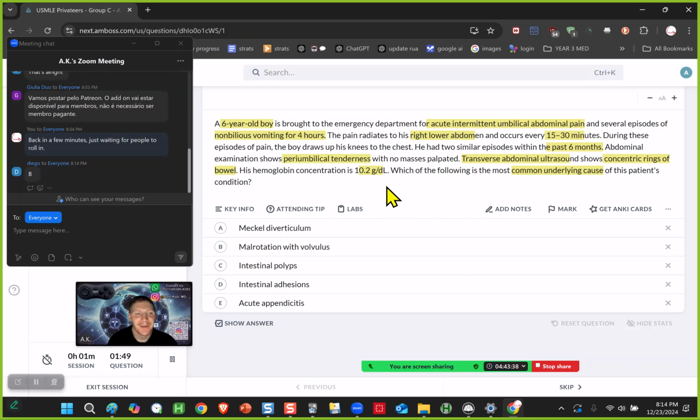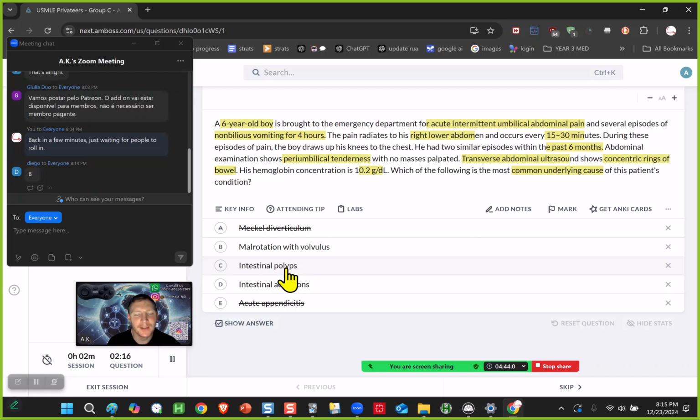I was actually trying to eliminate some other options. So I eliminated A and E, and out of B, C, and D, the main things he says would be going toward the B option.